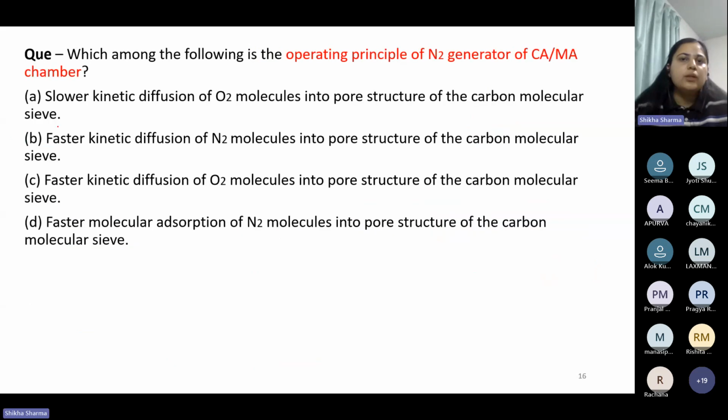So next question is about the N2 generator in a CA or MA chamber. Which among the following is the operating principle of the N2 generator of CA or MA chamber? Option A is slower kinetic diffusion of oxygen molecule into the pore structure of carbon molecular sieve.